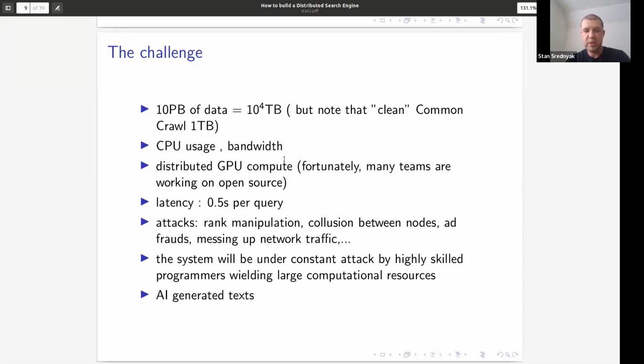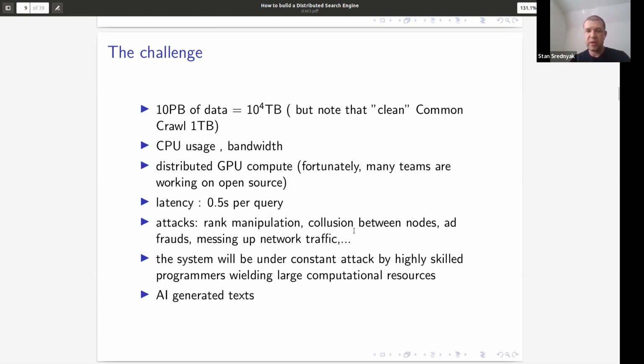And then, since we are building a decentralized system, we have to care about various attacks that people can launch against the system, such as rank manipulation. For example, somebody can try to ramp up the rank of some particular page or server, and we have to come up with a mechanism to prevent this.